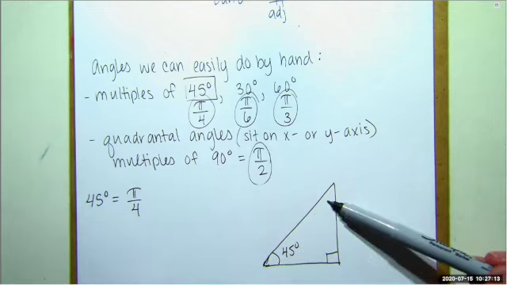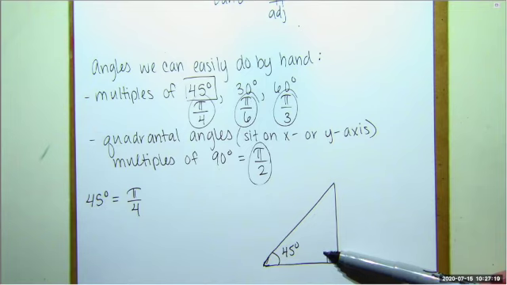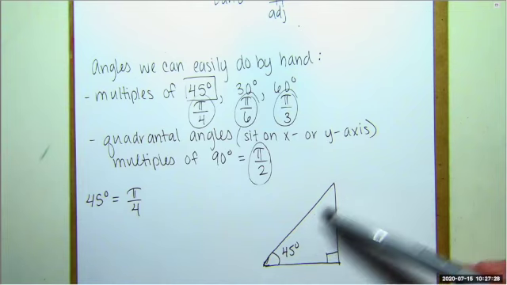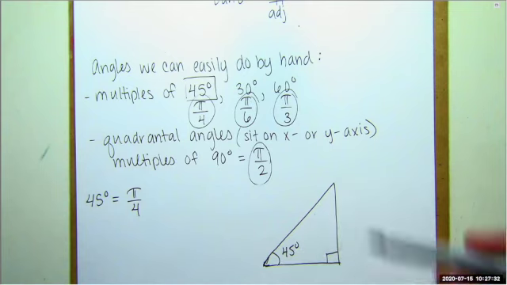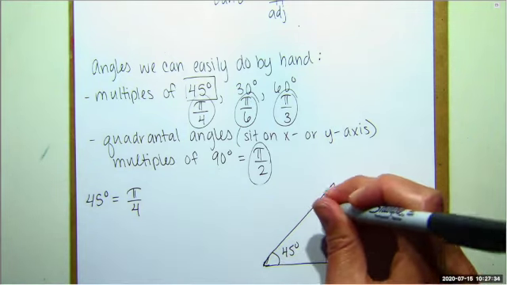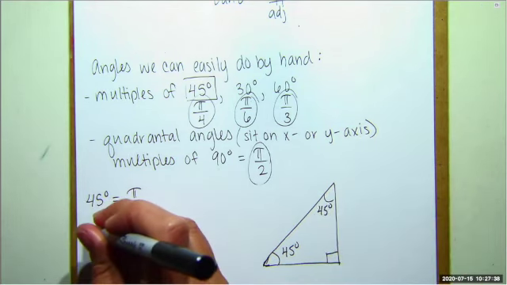The 3 angles in a triangle always add up to how many degrees? 180. We are focusing on right triangle trigonometry. So if this angle is 90, that means these 2 angles always have to add up to what? 90. So if this is a 45, that means this is also a 45. We call this a 45, 45, 90 triangle.